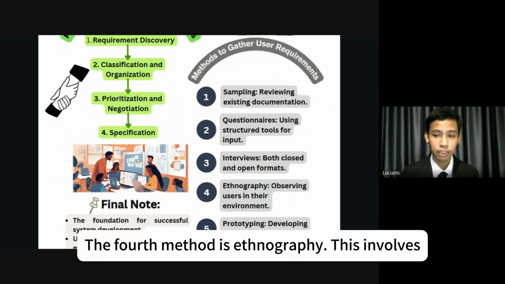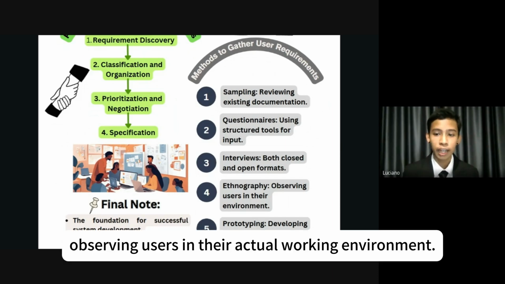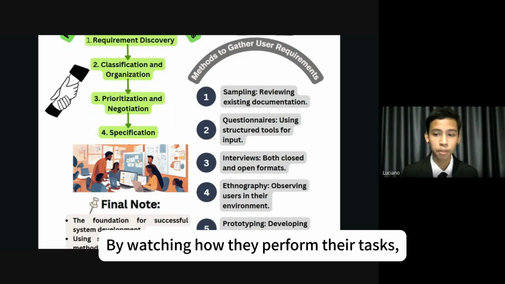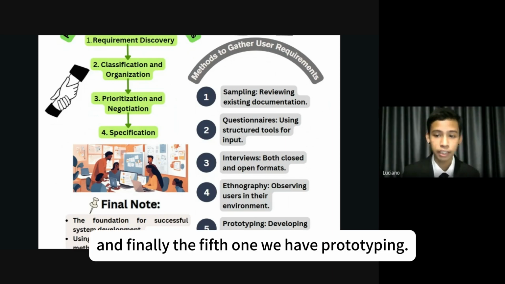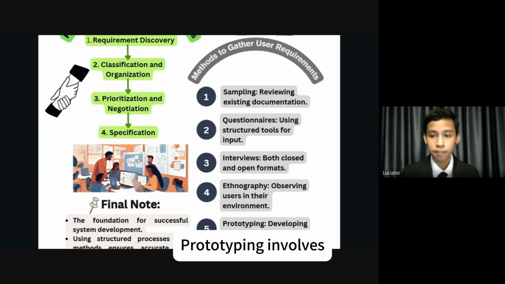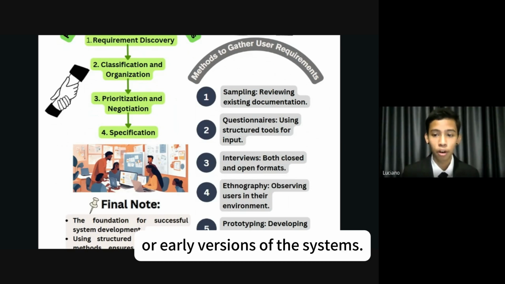The fourth method is ethnography. This involves observing users in their actual working environment. By watching how they perform their tasks, we gain practical insights into their needs and challenges. And finally, the fifth one, we have prototyping. Prototyping involves creating mock-ups or early versions of the systems.